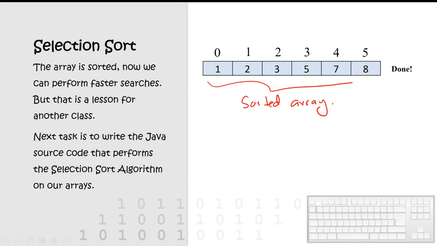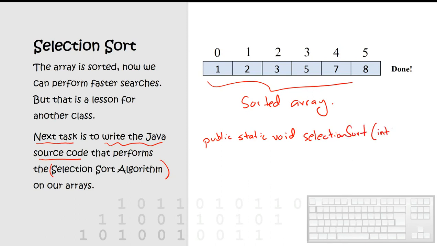Now that the array is sorted, our next task is to write a Java source code that performs the selection sort algorithm on our arrays. So you want to write a method. And your method is going to have nested for loops.